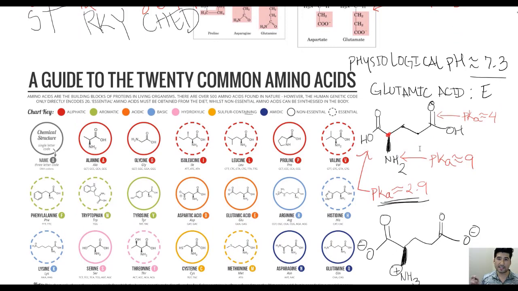I'm going to say this again because it's really important. pKa's are subject to change depending on the environment. So don't get married to these values of 4, 9, and 2.9. Understand that pKa's can actually increase or decrease depending on the chemical environment that amino acid is in.